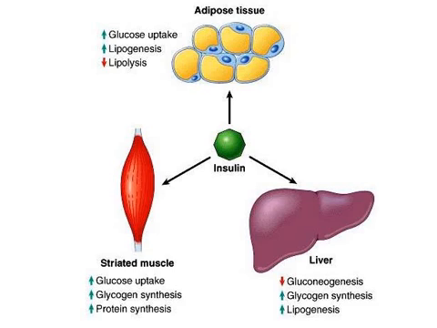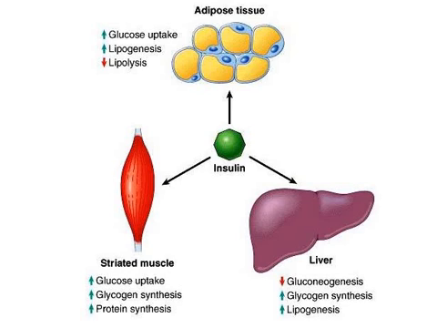In this chart you can see how insulin is distributed through three major parts, that means adipose tissue, liver and striated muscle. In adipose tissue, glucose uptake will increase, lipogenesis will increase and lipolysis will decrease. In liver, gluconeogenesis goes down and glycogen synthesis and lipogenesis increase.